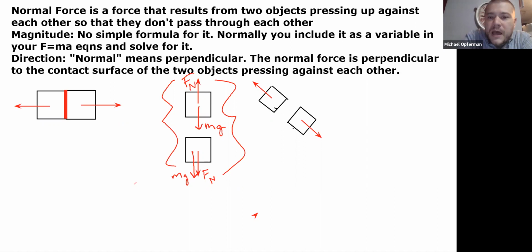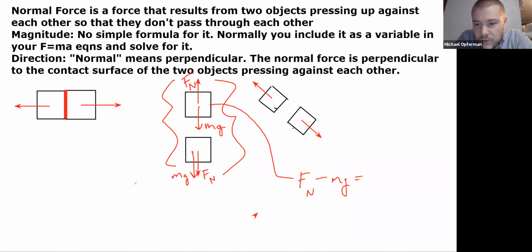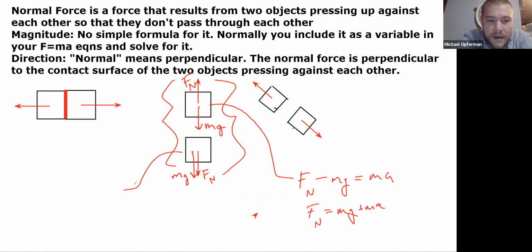So for the top guy here, the F equals ma equation would look like Fn minus mg equals ma. So the normal force would be the object's apparent weight, mg plus ma. For the bottom picture here, though, of course, now you would have minus mg minus the normal force equals ma.